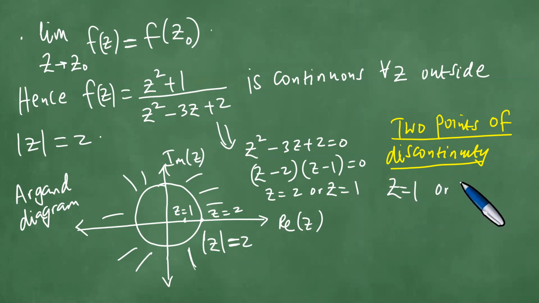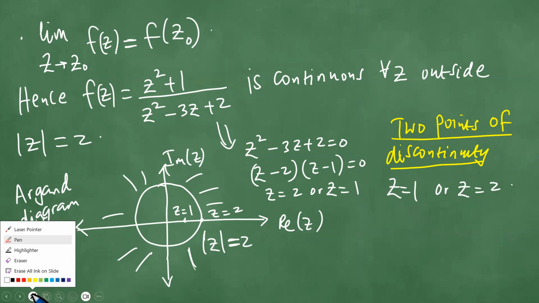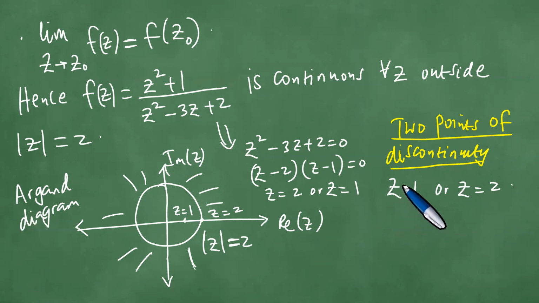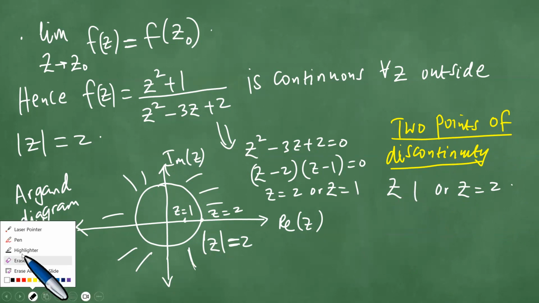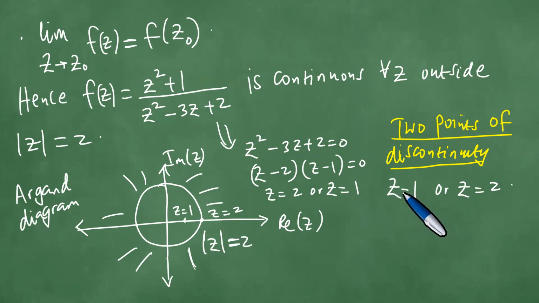Z equals 1 or z equals 2. Those are the 2 points of discontinuity of f. So that is what we get.